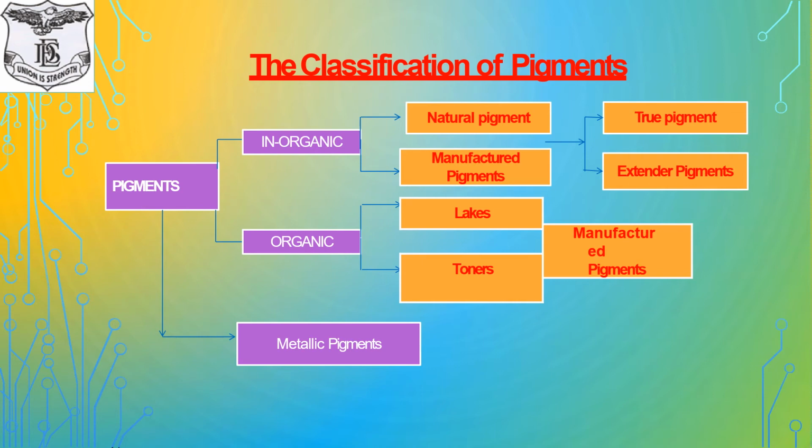Organic pigments contain lakes, dyes, and toners. They are manufactured pigments. And the next class of pigments is metallic pigments. Metallic pigments are nothing but metal powder. They may be aluminum, zinc.